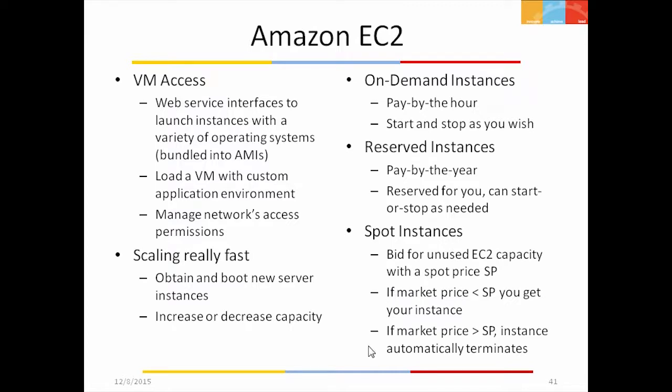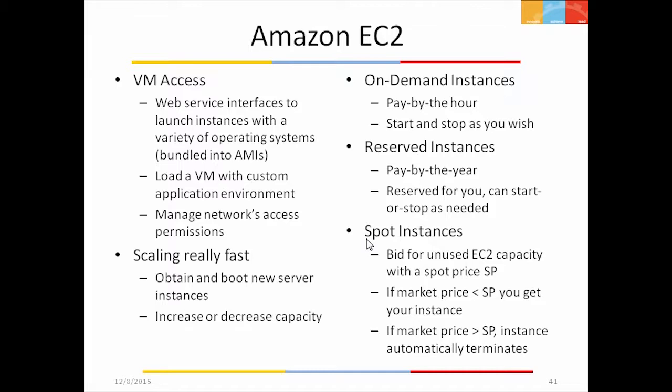One important thing is that there is something called a spot instance. The spot instance price is certainly less than the regular instances, but the spot instance happens through bidding. What Amazon does is that unused EC2 capacity is kept open for bidding, and there are some spot prices. So by paying the spot price, you can get a spot instance.